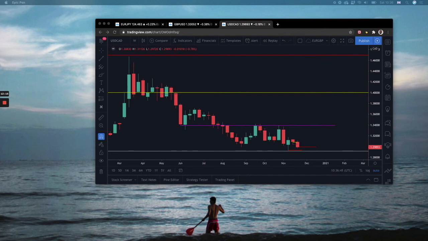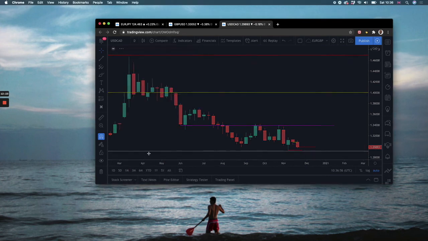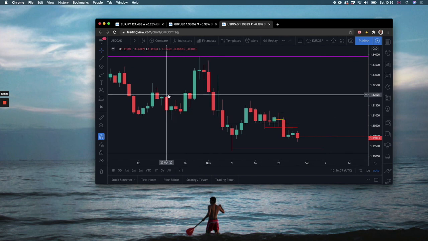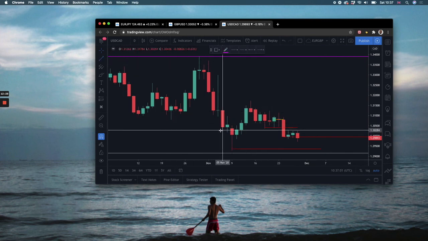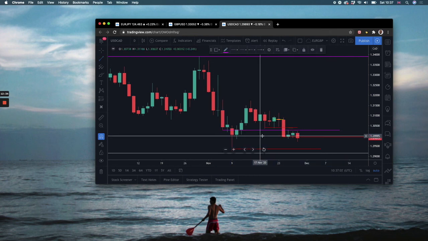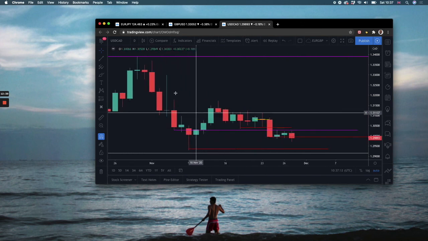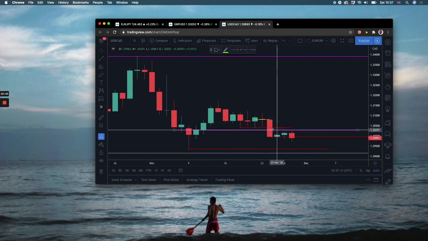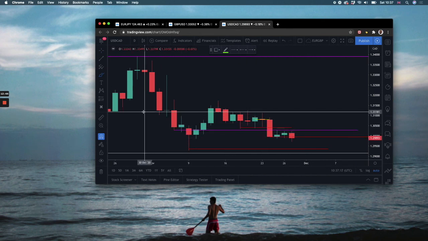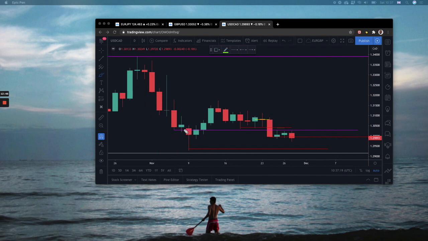Okay, so we then go into other selling climaxes and other buying climaxes on the daily. As you can see, there's this level here. That area was support, resistance, support, resistance.